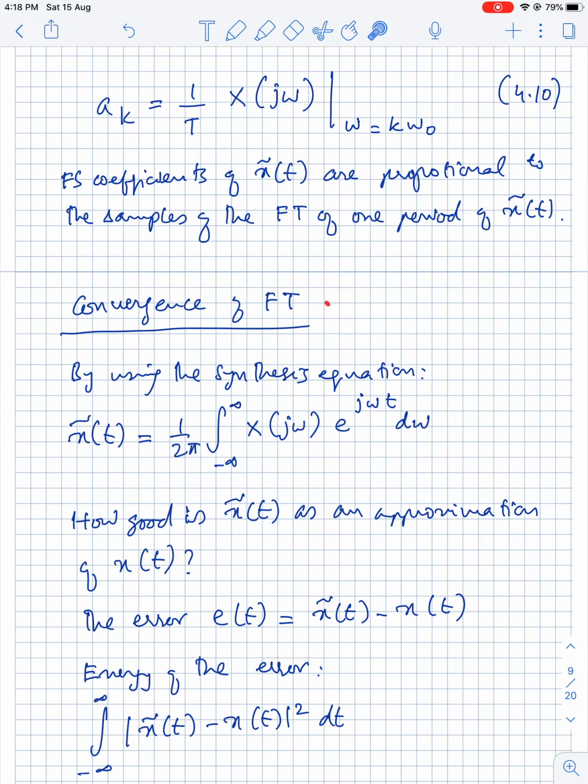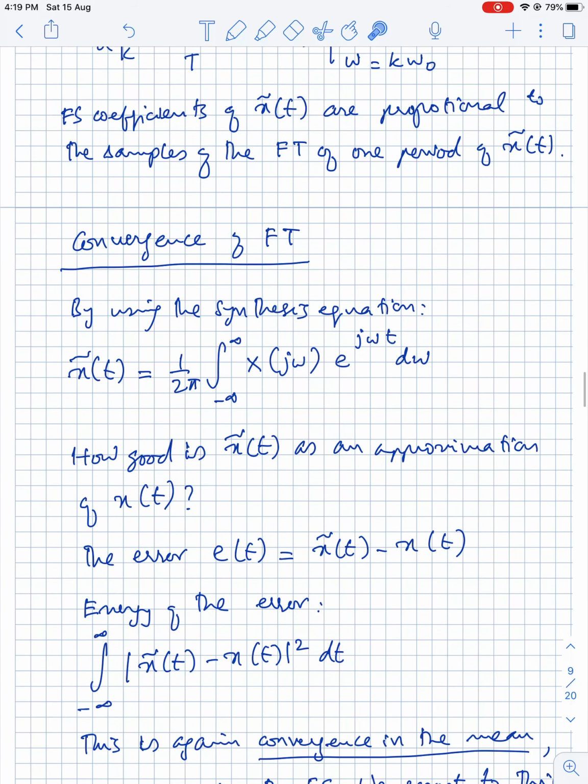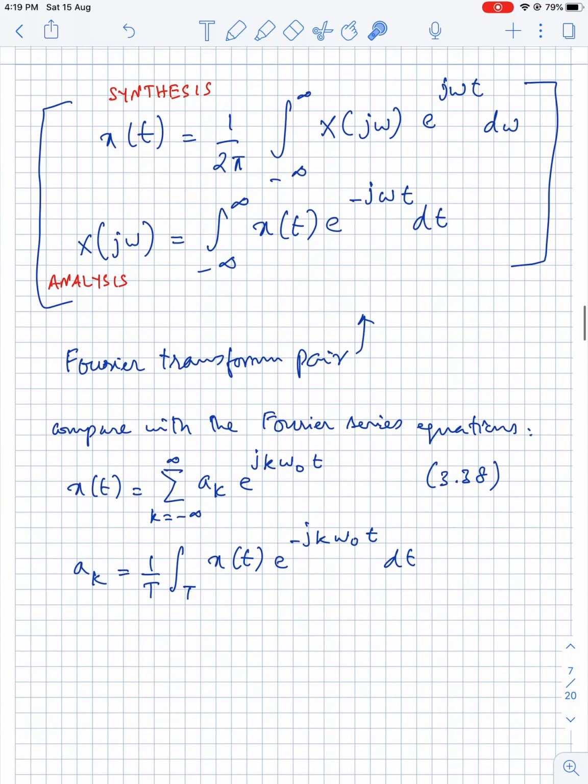Now let us talk about convergence of the Fourier transform. We talked about convergence when we studied Fourier series, and we saw that there were several things involved in the convergence. Those same things happen here also. Let us look at the synthesis equation, which is this one here.